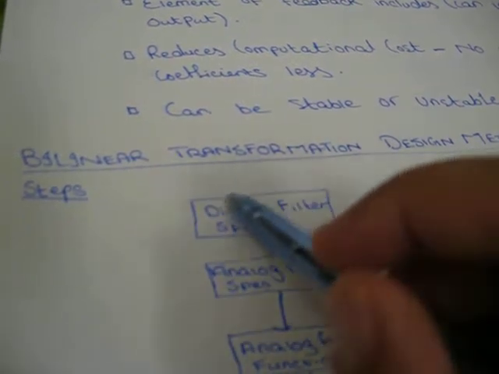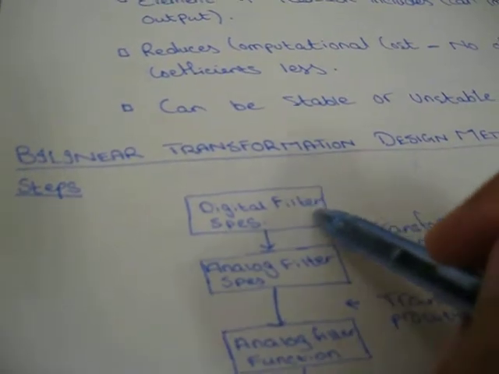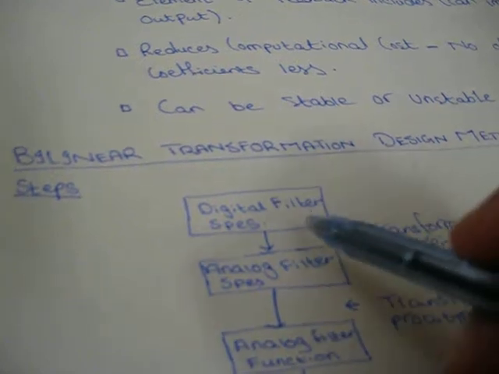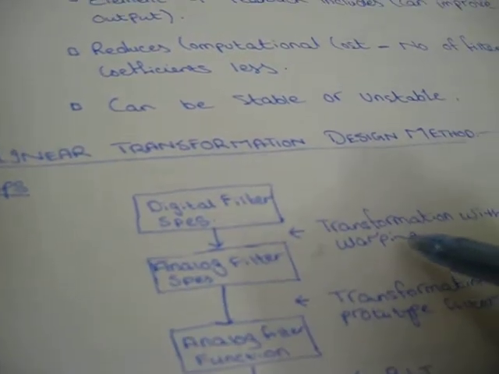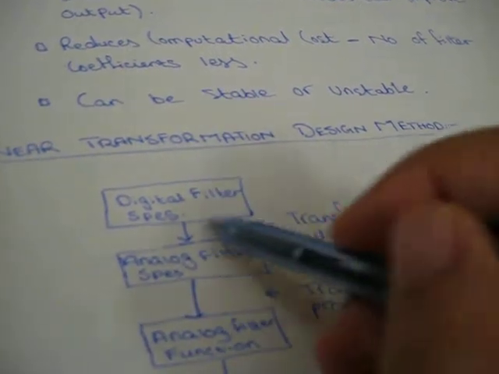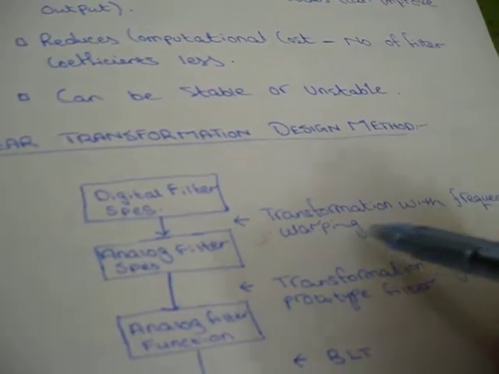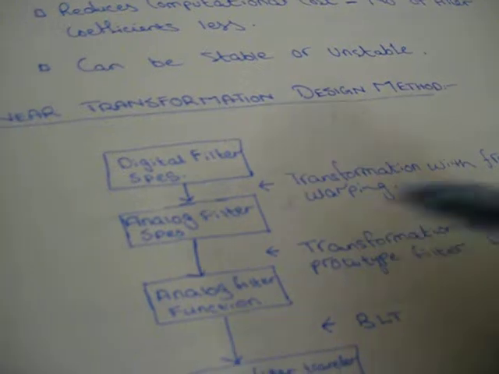Now, the bilinear transformation design method; following are the steps. First of all, the digital filter specifications are given. We have to find out the analog filter specifications. This step is done through transformation with frequency warping.